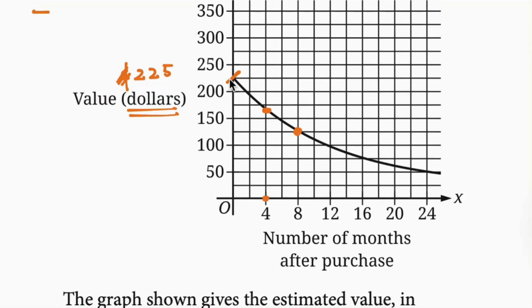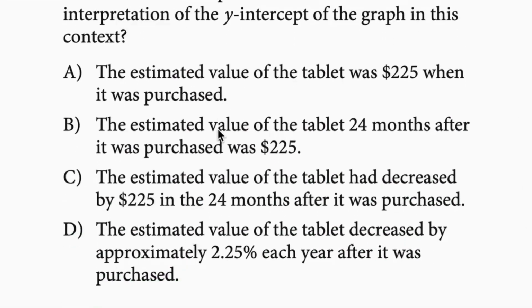Okay, so this is the y-intercept, 0 months. That means we purchased the tablet at this rate, $225. That is the y-intercept. The estimated value of the tablet was $225 when it was purchased. Yes, exactly this. We are very sure of this, but let's read the other options too.